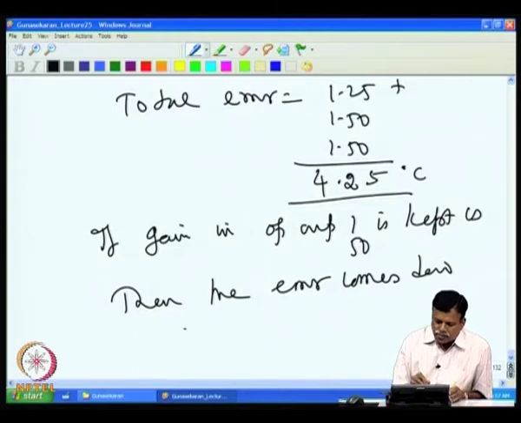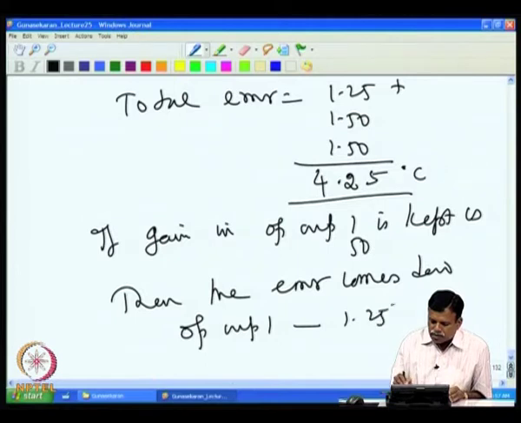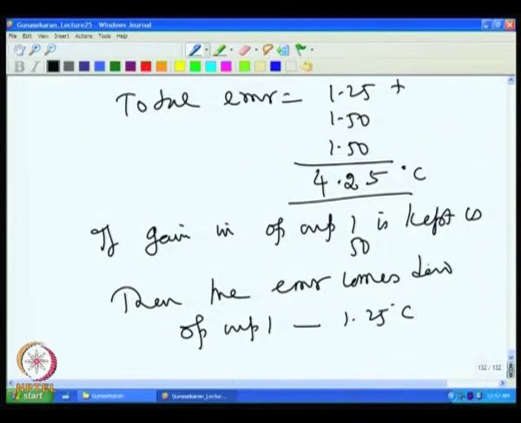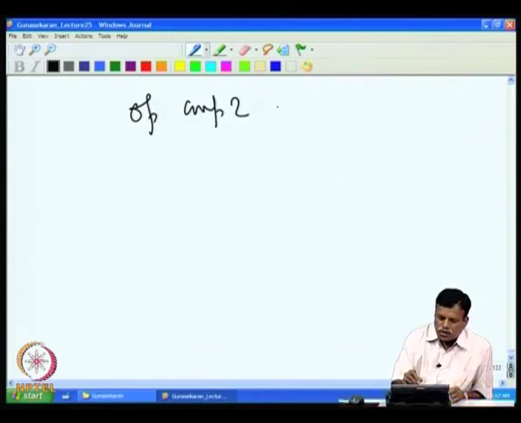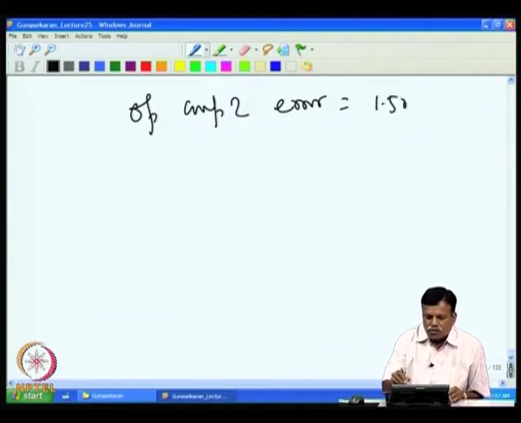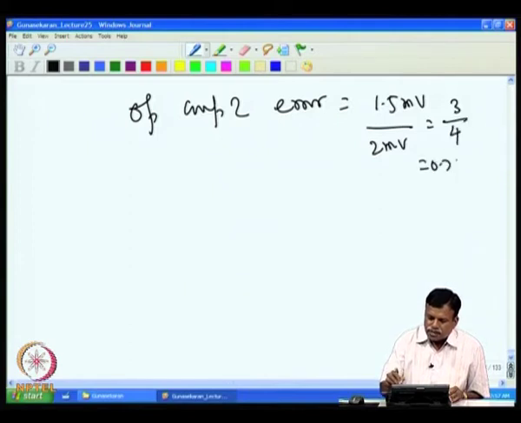In this case, op amp 1 error will remain 1.25 degree C. The op amp 2 error would be the same 1.5 millivolt, but now the signal is 2 millivolt. So, this will actually become 3 by 4, 0.75 degree error.